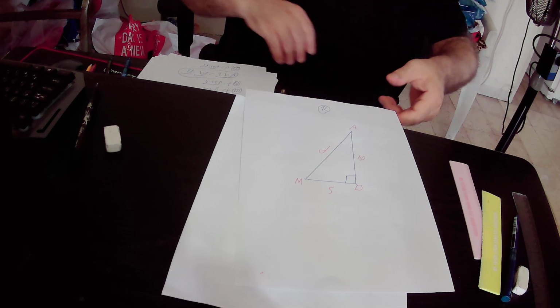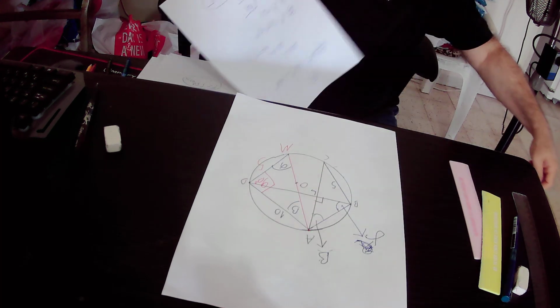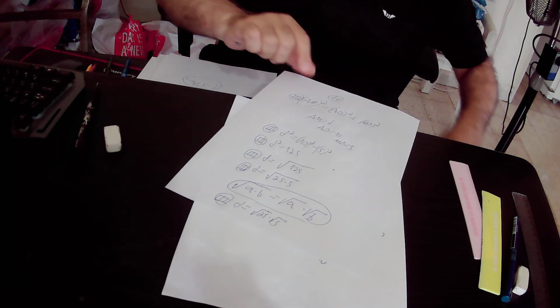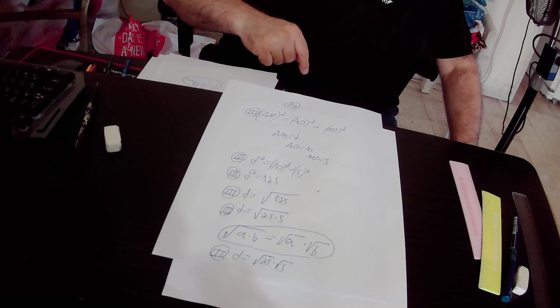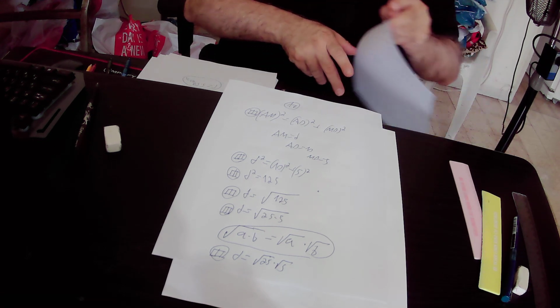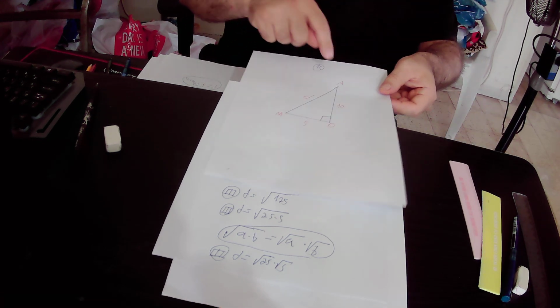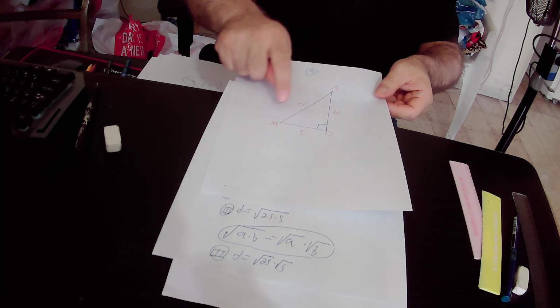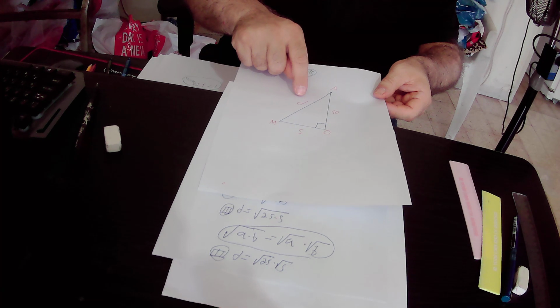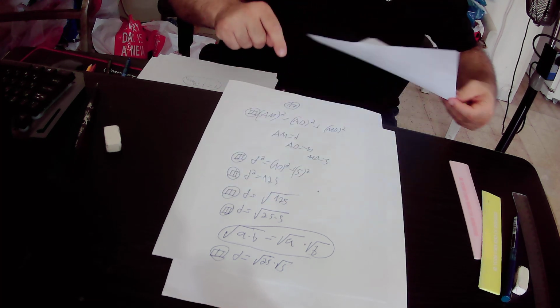Okay, so this is our third equation. AM square equals AD square plus MD square. But we know that AD equals 10 units, MD equals 5 units, and AM equals D. It is the diameter of the circle.